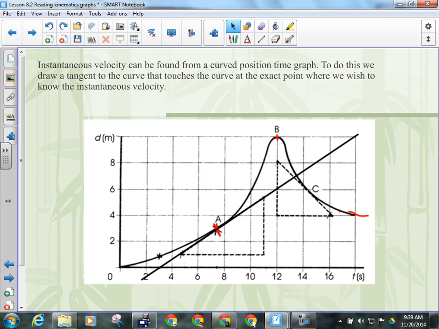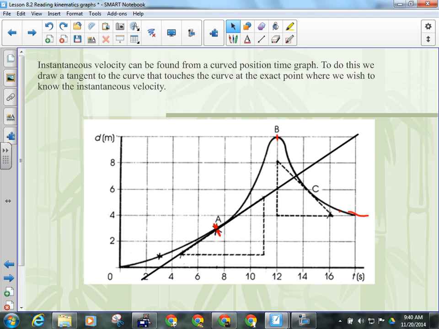Now I know that my line here has the same slope as the curve at that point. So now I find two points on that line and do a rise over run calculation. I can't use y equals mx plus b here. For what reason? Right, I can't find out what b is, because the graph doesn't go into the negatives and my line clearly does. So I have to use rise over run.